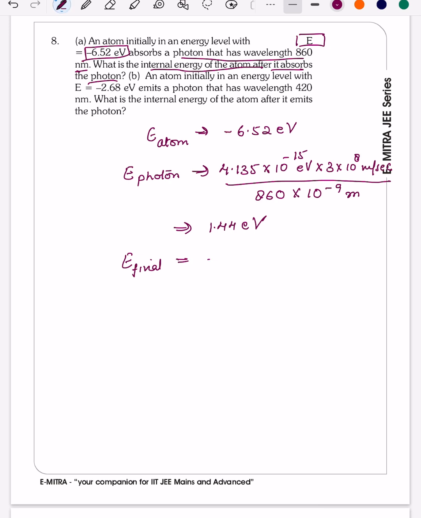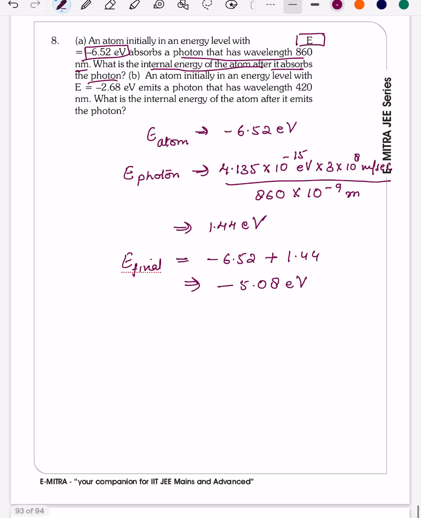Energy of the atom was minus 6.52 electron volt plus the energy of the photon, 1.44 electron volt. We added both and we get minus 5.08 electron volt. Okay, this is your answer.